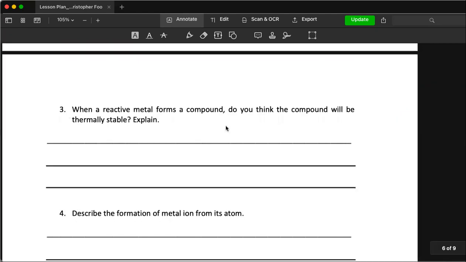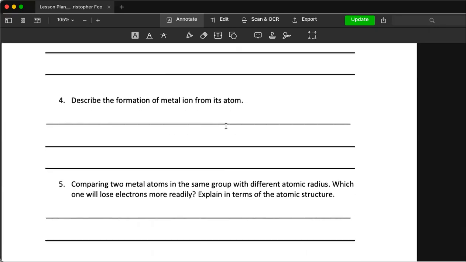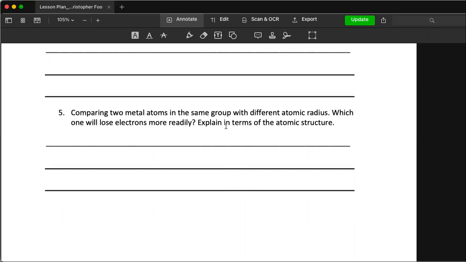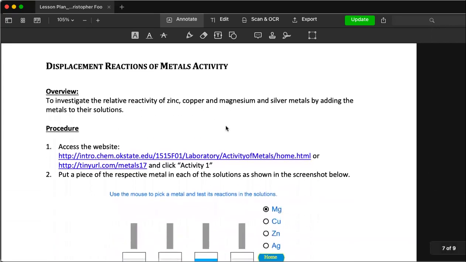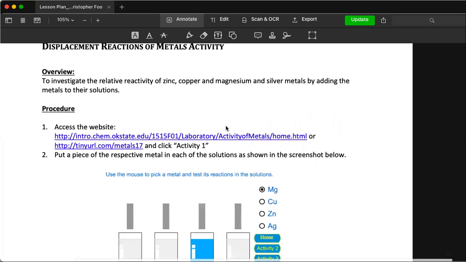They also establish a relationship between reactivity of metals and thermal stability of the compound, and recap on formation of metal ions from atoms, because this has to do with reactivity. And then we compare metals of different atomic radius, asking which one is more reactive based on their atomic radius.